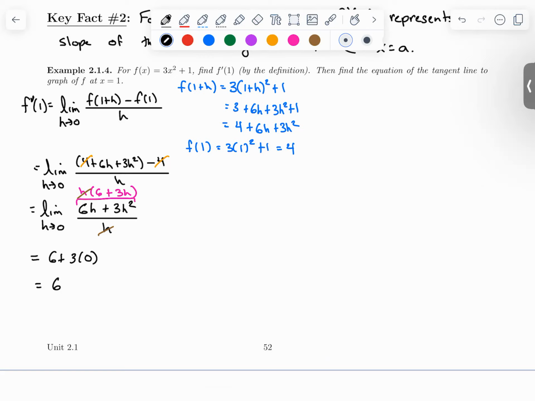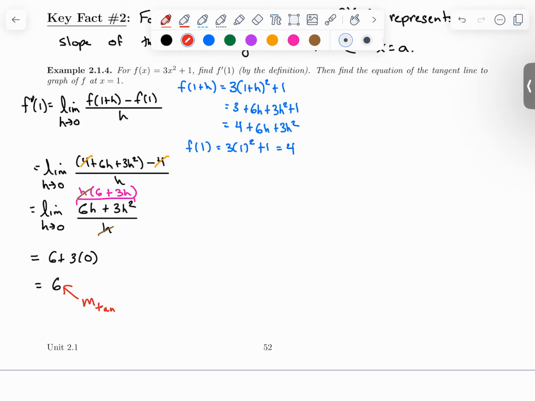The reason why we did that is because of the key fact number 2 hidden behind my little toolkit, that f prime of 1 will represent the slope of the line tangent to f at 1. So this is what I like to write as m sub tan. That is my tangent slope. That is the tangent line's slope at x equals 1.